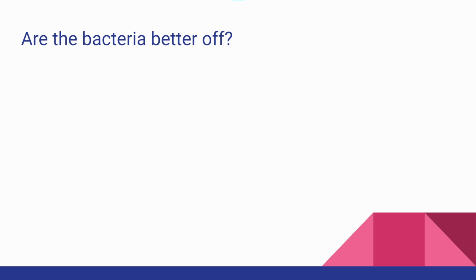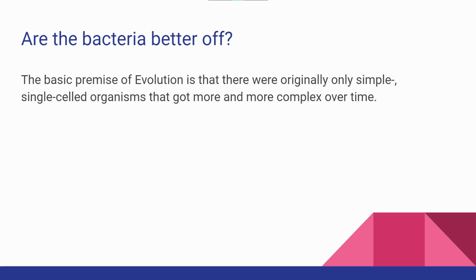Another issue with this is, I think, a bit of discussion is warranted on whether or not the bacteria are actually better off. Okay? Again, the basic premise of evolution is that originally there were simple single-celled organisms with very basic genetic information, and over time that information got more and more complex until today we get to humans.